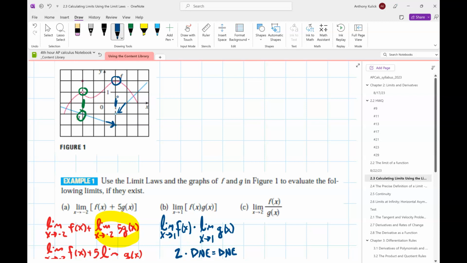Okay, great. So far, so good. Chanel? Sorry, for part A, where did you get the -1 from for the limit as x approaches -2 of g? Well, that's the origin right there. So this is -2, -1.